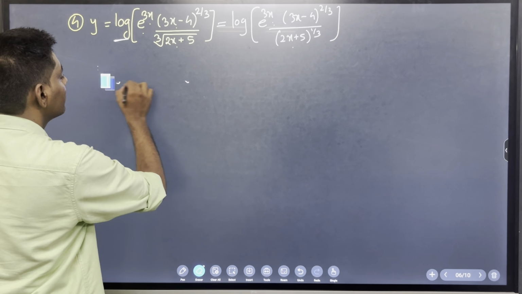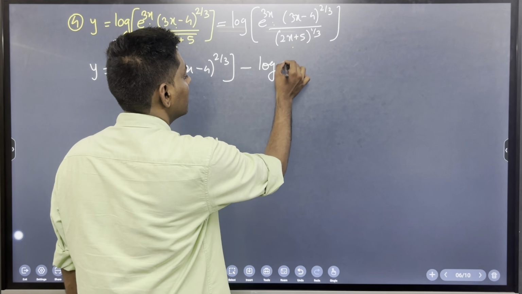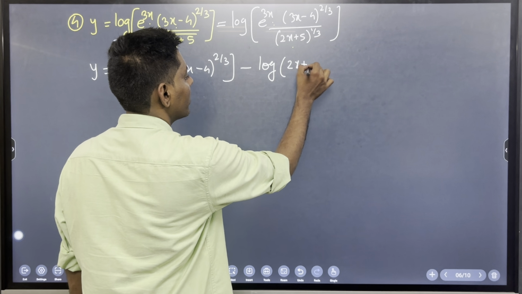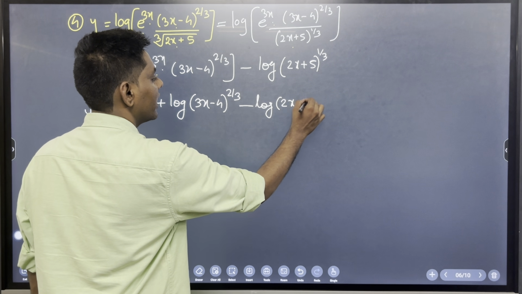Next, minus, by using the logarithmic property of division, minus log of the denominator term, that is 2x plus 5 raised to 1/3, and then apply the addition property. When we apply the multiplication property, the answer in terms of addition, we get log of e raised to 3x plus log of 3x minus 4 raised to power 2 by 3, minus log of, we get the final answer.